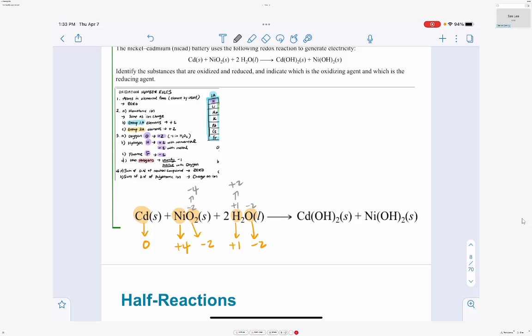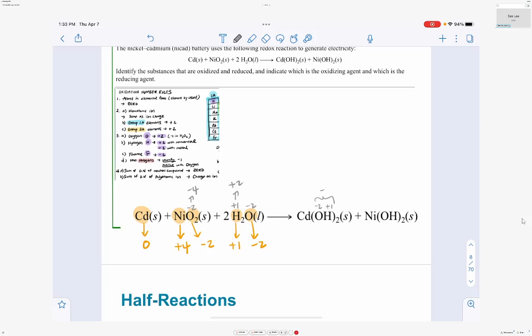The oxidation numbers we know for sure are hydrogen and oxygen. Hydrogen is positive 1, oxygen is negative 2. Therefore the oxidation number for this hydroxide is going to be negative 1.